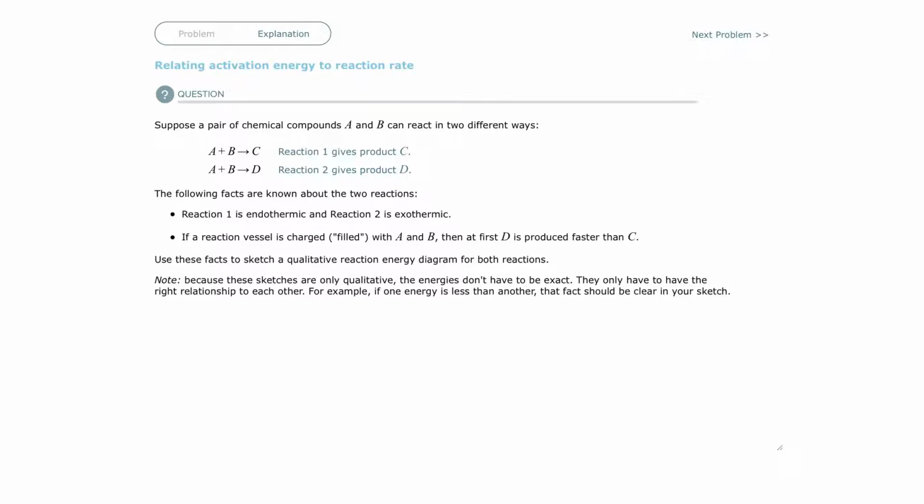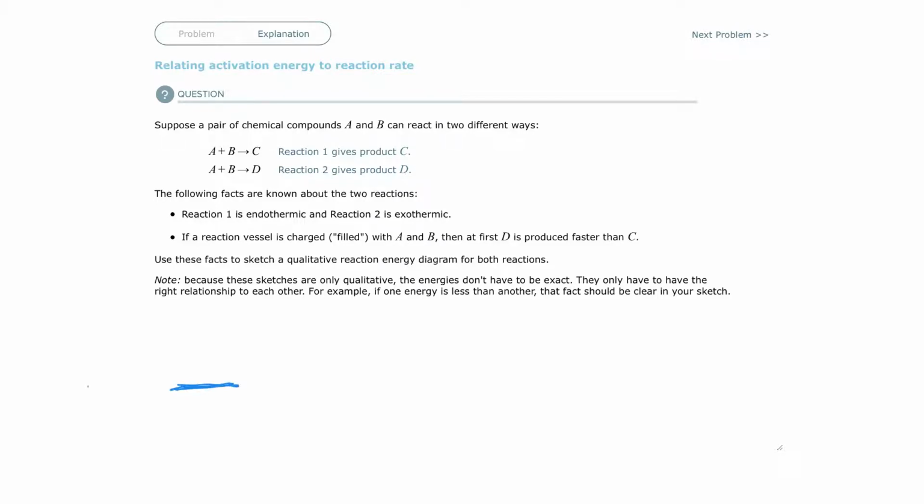So here's your information. Reaction 1 is endothermic. Reaction 2 is exothermic. All right. What does endothermic mean? Let me just draw a sketch. By the way, you're just asked to draw a sketch here. It doesn't have to be anything specific where you have to know numbers or anything. It's just a relationship. So let's say I have my reactants here at some energy level.